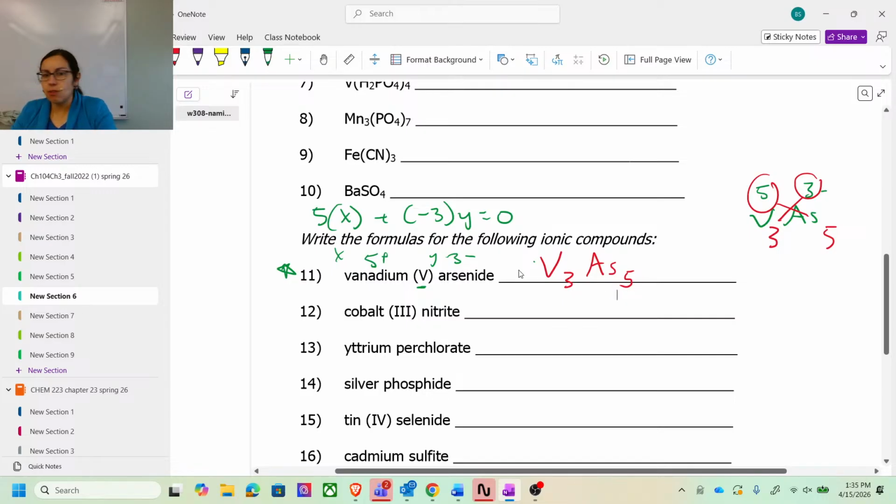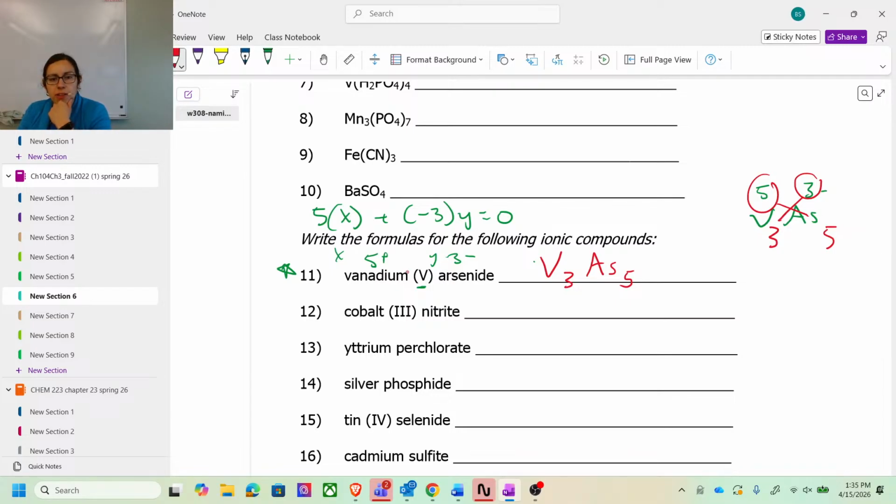Yeah, because we need the proper formula now for our ionic compounds. And so we're just trying to balance it, right? So if we have our vanadium 5 plus, we need to get them to be neutral. No, because we're writing our formula now, right? So it's just how many atoms.